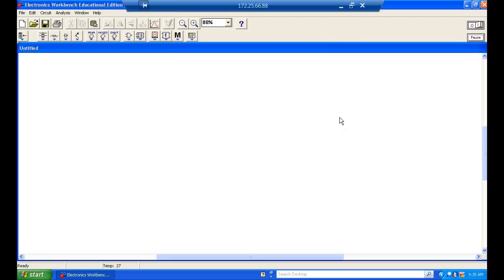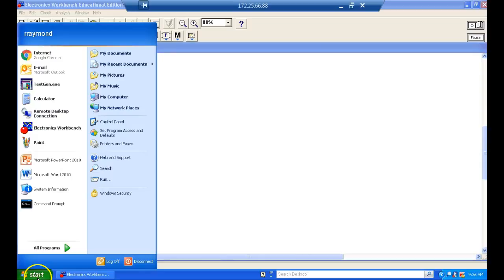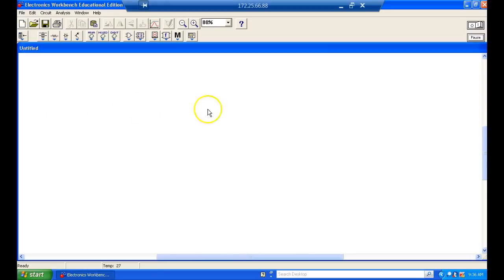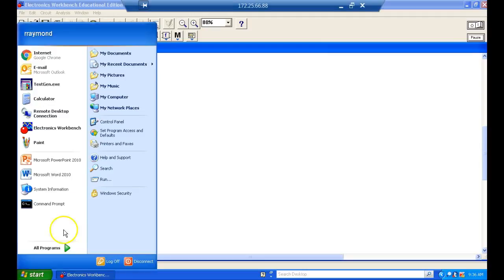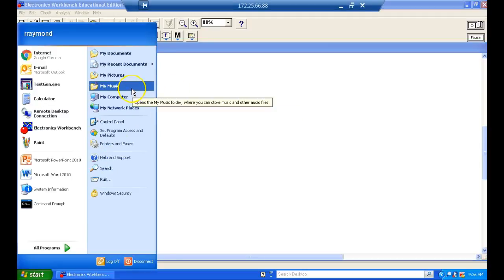And that's one of the reasons we don't take Windows XP off those computers: our version of Electronic Workbench does not work with Windows 7. There is some other software. Yeah, we've looked at some of those. One of them's really neat because it actually shows you the current flow through the circuit.